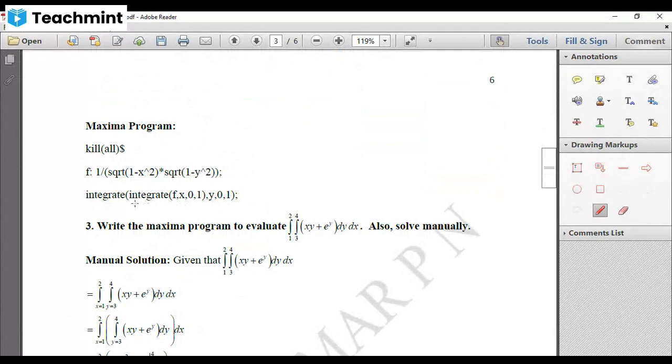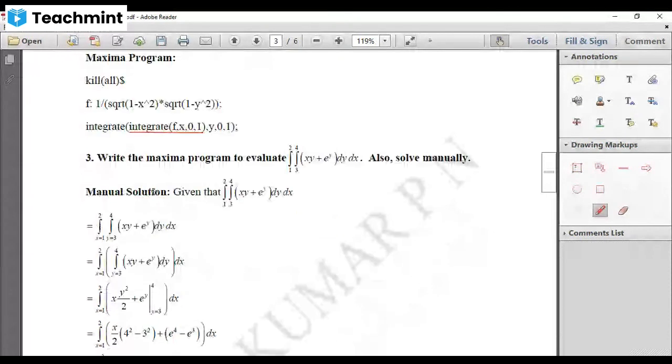Okay, now if I write like this, first it will integrate f with respect to, see, because they are not dependent, you can interchange them. So I've written x first, right? You can write y also. f comma x comma 0 comma 1, this will be evaluated. Then the answer will be evaluated with respect to y comma 0 comma 1. That is with respect to variable y, and the limit is from 0 to 1, right? So this gives you Maxima program for evaluating the given integral.